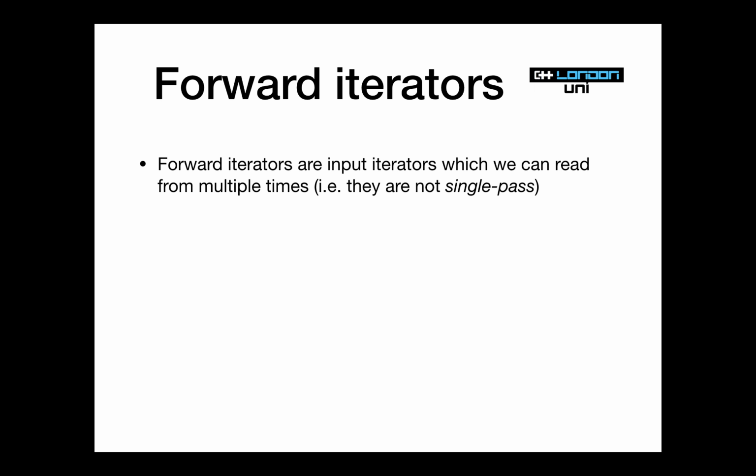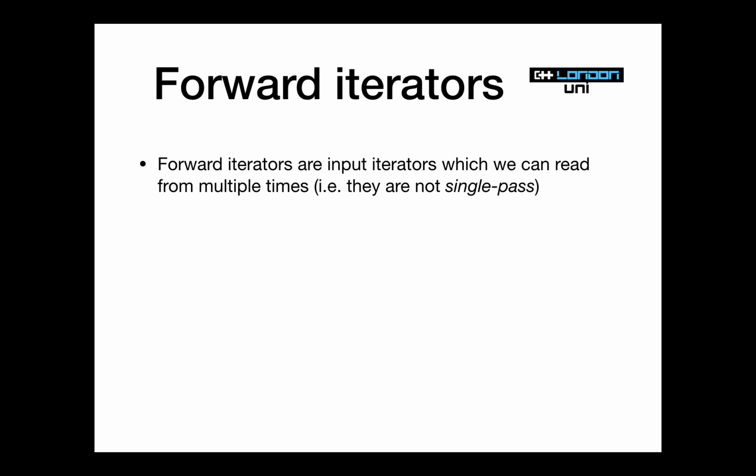Not in the sense of inheritance, but as we've said, iterators have this notion of duck typing. So if a type does everything that an input iterator should do, then it is an input iterator. And the forward iterator requirements extend the input iterator requirements.